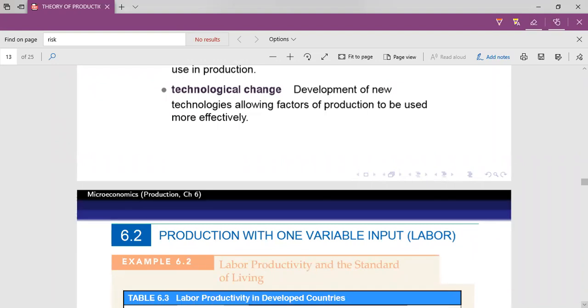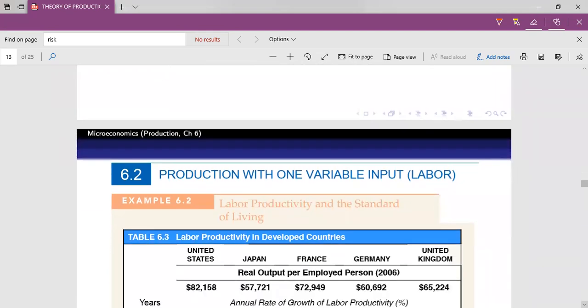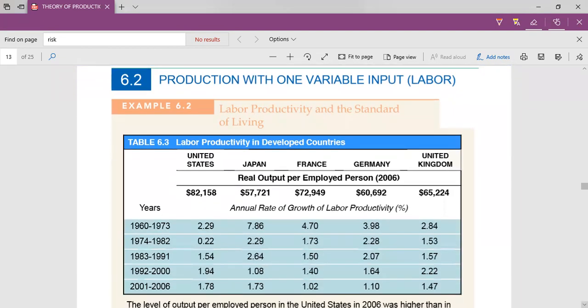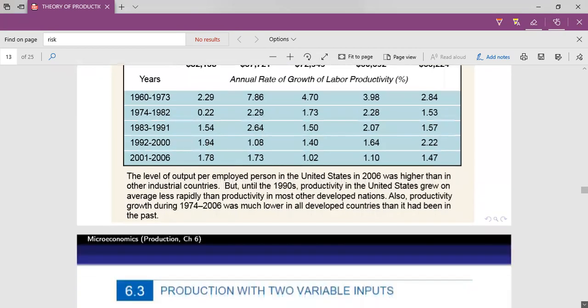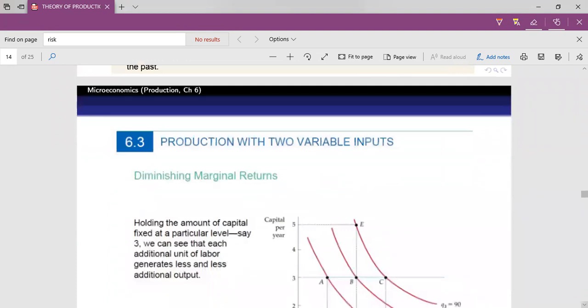For example, we can use the fertilizers, the tractors, the combined harvesters in agriculture, even in the manufacturing sector, where industries are using machines in the production process. So that was the production with one variable input, which practically works in the short run.